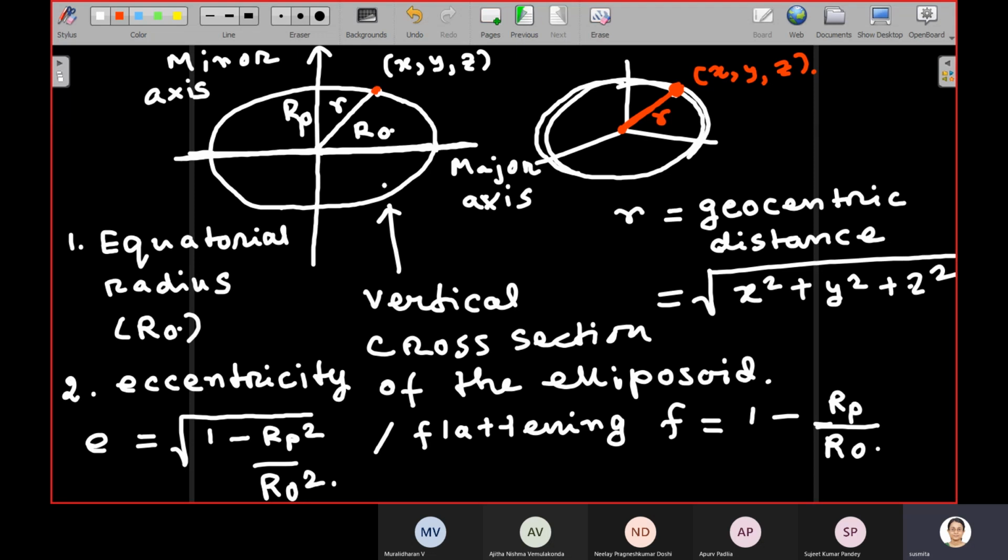Now the same point is shown here on the vertical cross section. If we take a vertical cross section of the ellipsoid passing through that point, we get this ellipse on the left side.